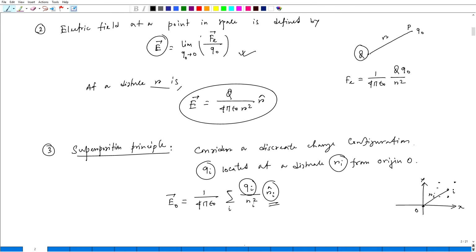We will discuss this in great detail in the class, and we will solve some problems. Now suppose there is a continuous charge distribution, then we use a vector integral. We will come to this point.